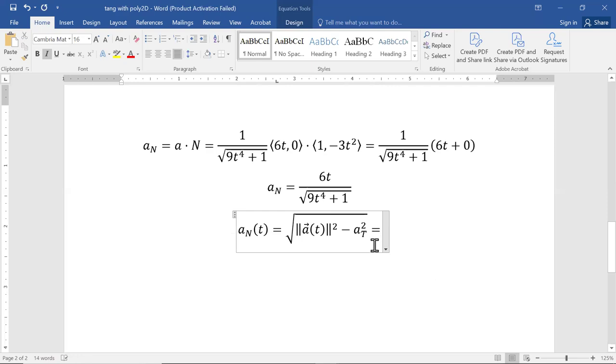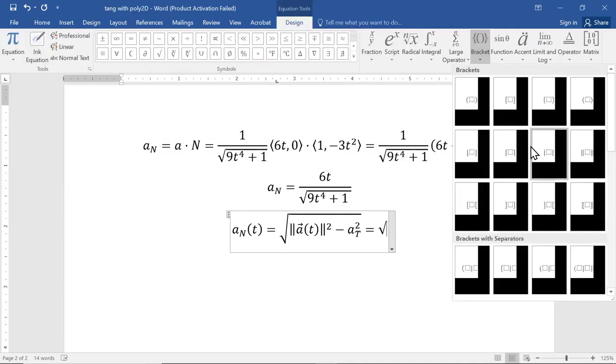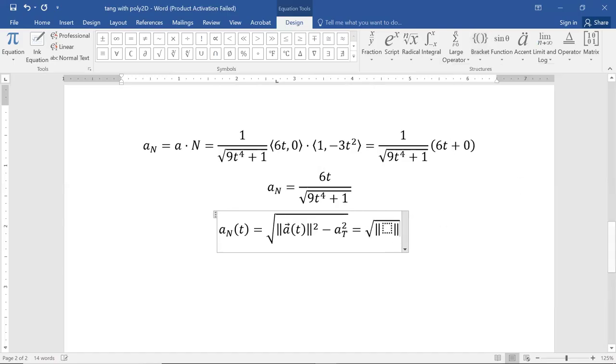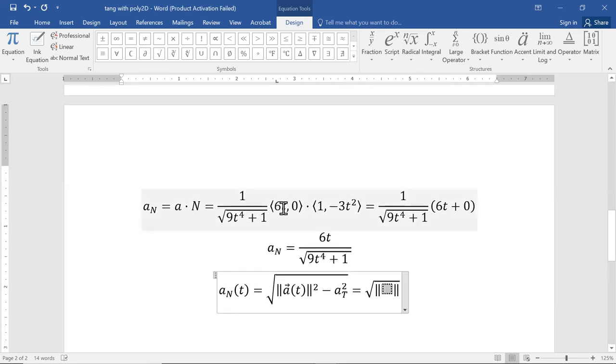So I won't do that one. I won't expand to R3. I'll just use this one, and I've already calculated a sub t. So what I can do is take the square root of the magnitude of my acceleration vector squared. My acceleration vector was 6t comma 0. So let's write that in.